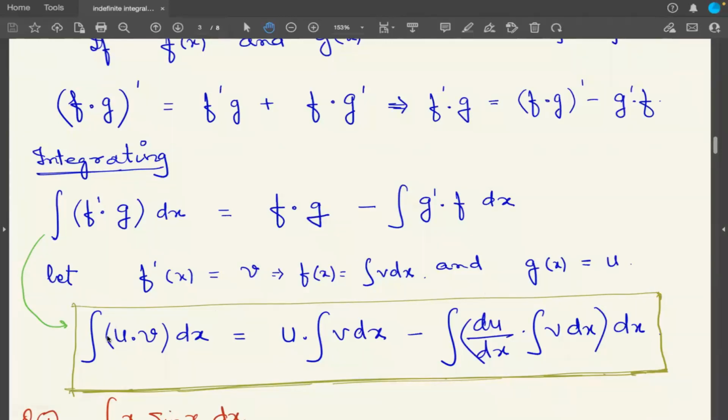If anywhere we have u and v, the functions written in a product, and we integrate this function with respect to an elementary element x, what we do is we first take u out of the integral and we integrate v, then we subtract, and then we integrate again, but first we have to differentiate u and then we have to integrate v.